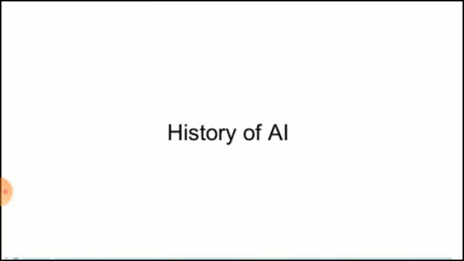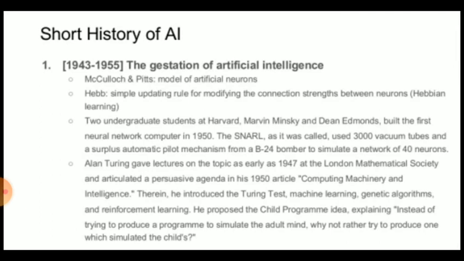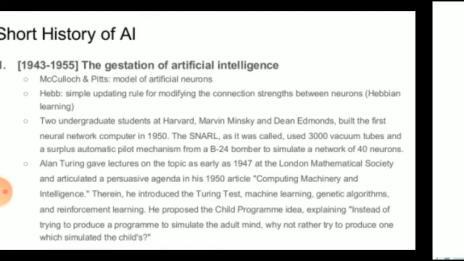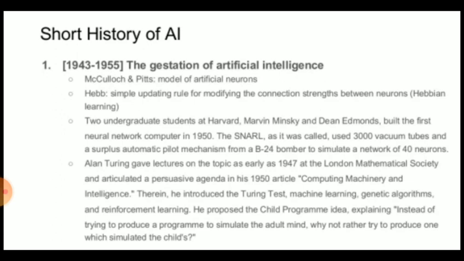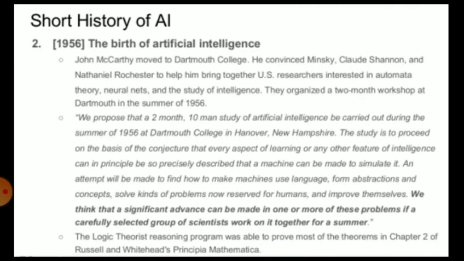So the first period of the history of AI is 1943 to 1955, that is the gestation of artificial intelligence. Then the second, from 1952 to 1956, is the birth of artificial intelligence.